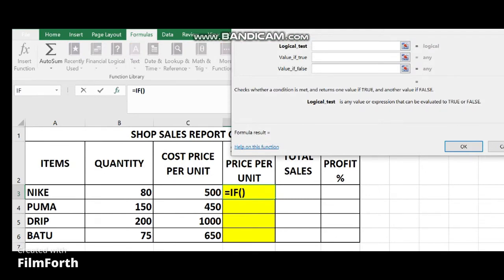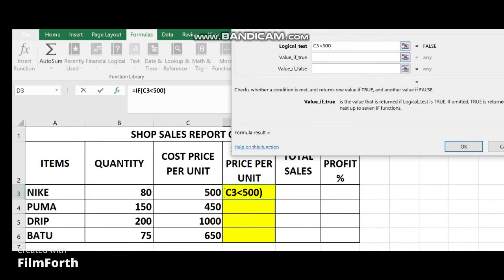If the cost price, represented by 500 in C3, if C3 is less than, which means we must put a less than sign. They said less than 500. Then the statement ended there.